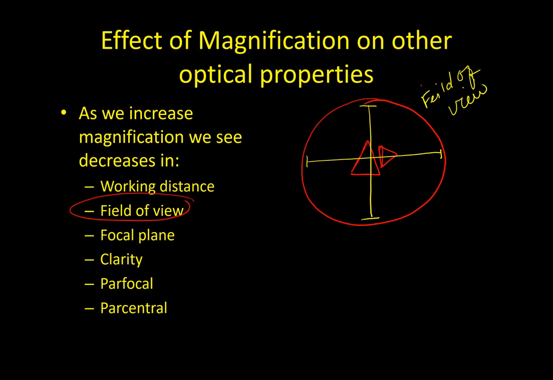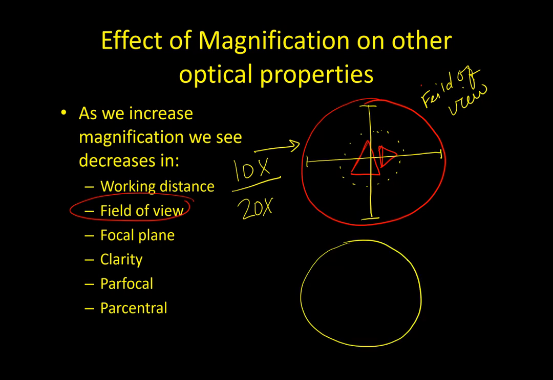When you're magnifying, you're kind of wanting to get closer to your specimen, right? So let's say that this is at a 10x, 10 times what your naked eye can see, and you want to go to 20 times what your naked eye can see. When you do that and you magnify that image, basically what you're doing is you're coming in closer to this image.